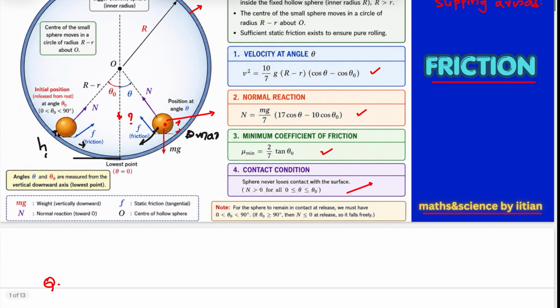This question is a very useful question on friction involving many concepts, and the diagram is already given. At an angle theta naught, the initial angle, the small sphere is left from rest. What happens to it?